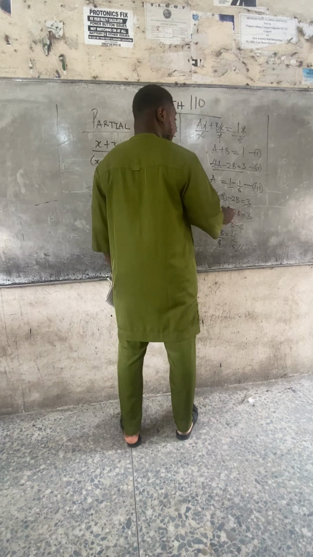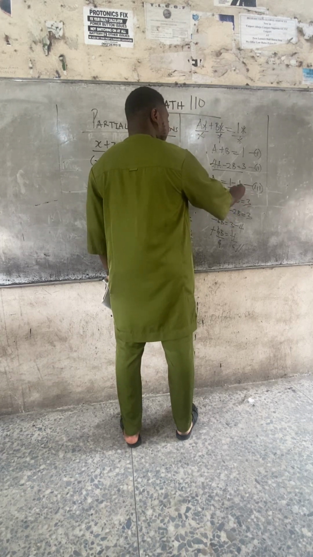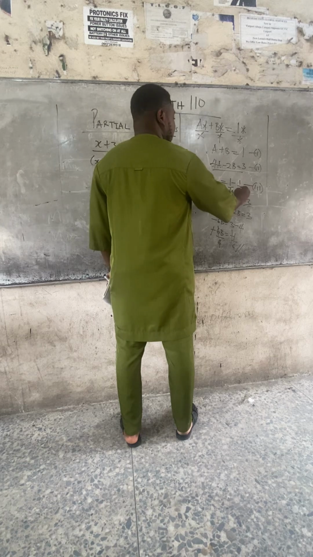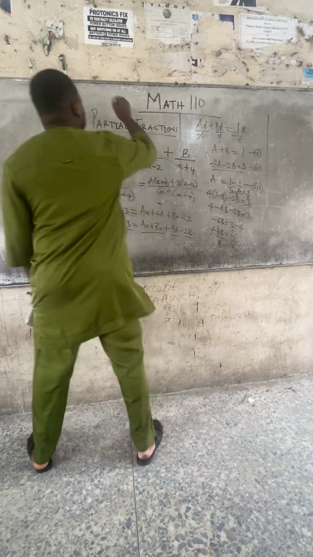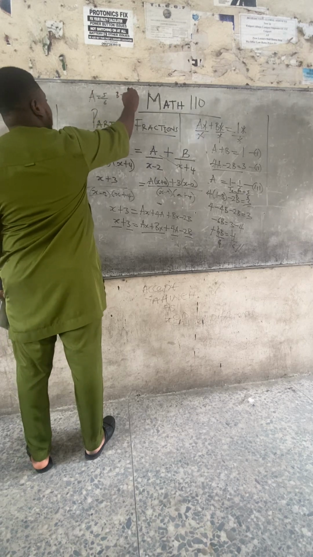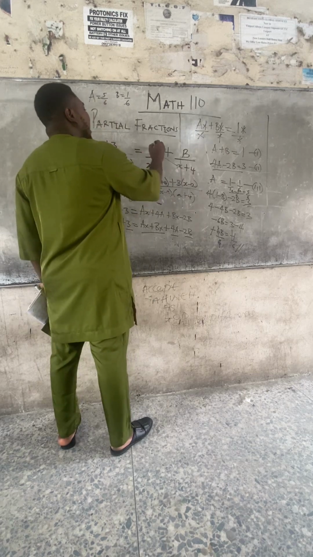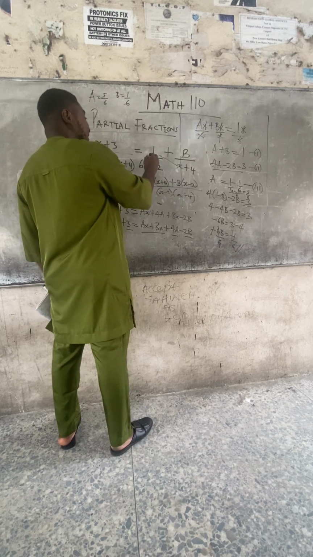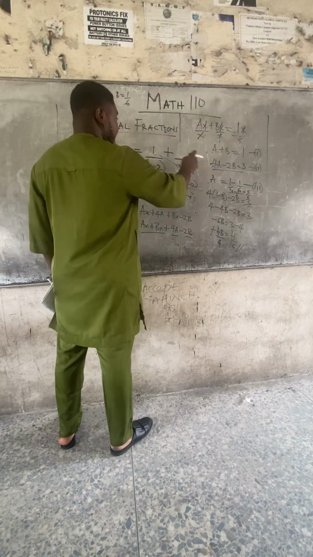I think it's going to be 5 over 6. If I find the LCM, 6 times 1, 6 minus 1. So my A is 5 over 6, my B is 1 over 6. Come back here and input A as 5 over 6. How do you write 1 over 6? 1 plus, put the 6 down, 6 into bracket x minus 2, plus B. Oh, it's B that is 1 over 6.